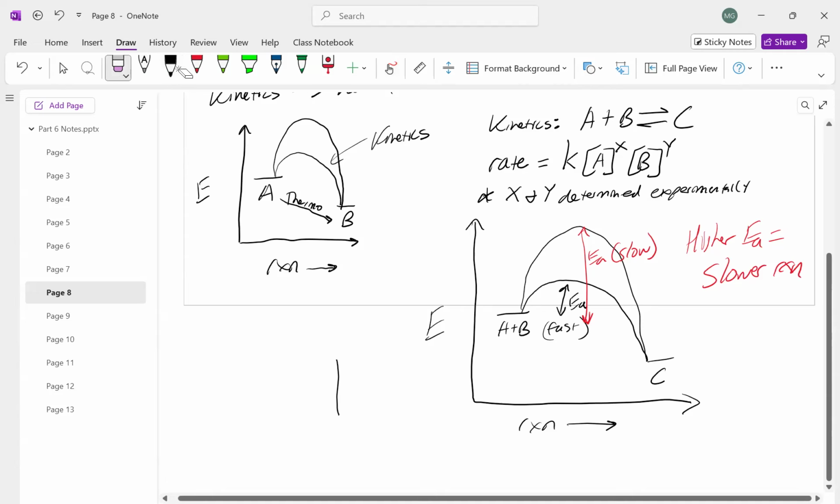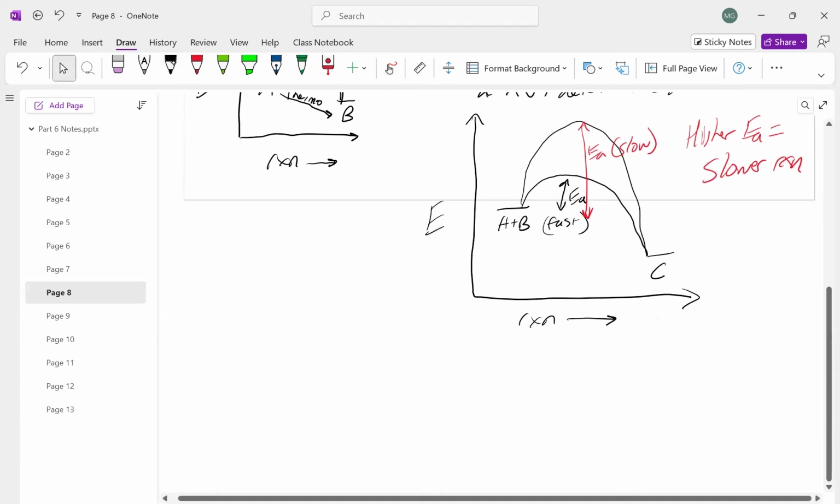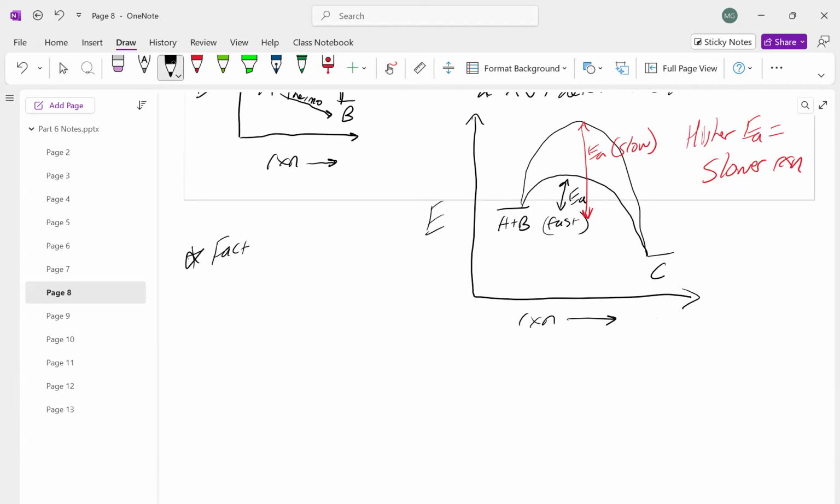Now, in GChem, you looked at a few ways to lower that activation energy. So what are some factors that affect the rate of a reaction? Number one was temperature. Increasing the temperature increases the rate of the reaction.